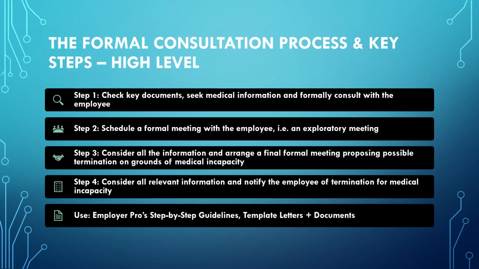Really the goal or end game that the employer wants is something in writing from the medical professionals, with reference to the work or job that the employee performs, around when they're going to be able to be fully fit to return to work or come back to work at full capacity, if at all.